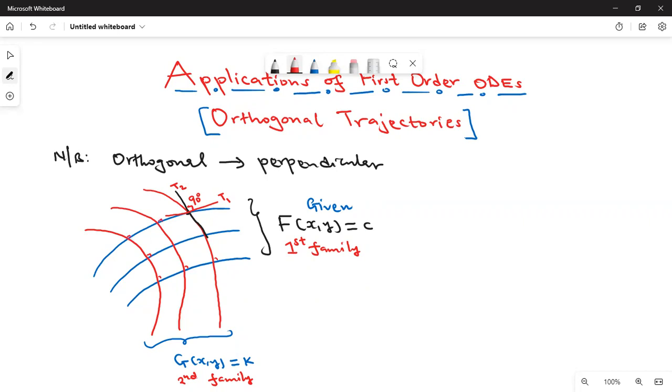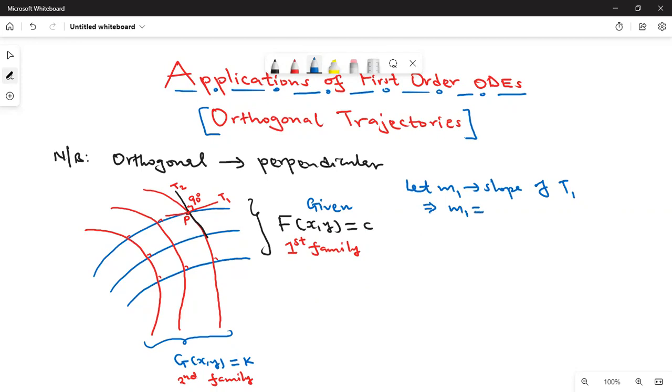So if I pick an arbitrary point P, let's call this P of xy. Is it possible to get the slope of those two tangent lines? Let M1 be the slope of T1, and let it be equal to dy over dx.